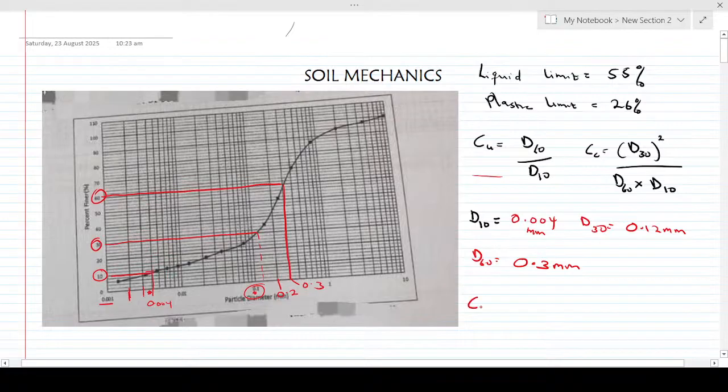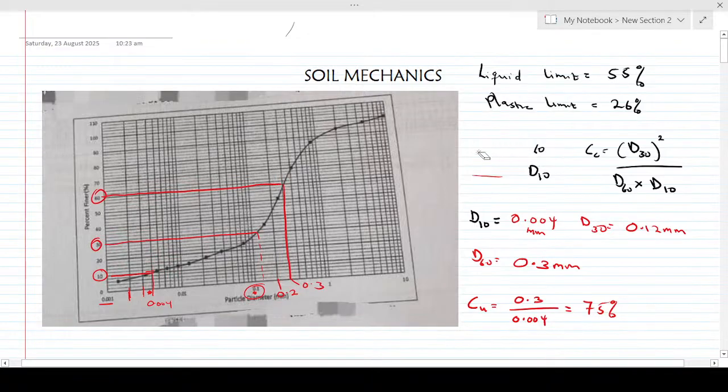To find my CU, I simply have D60, which is 0.3, over my D10, which is 0.004. So 0.3 over 0.004. We are going to express this as a percentage, and that gives me about 75%. Then go ahead and find CC by substituting.